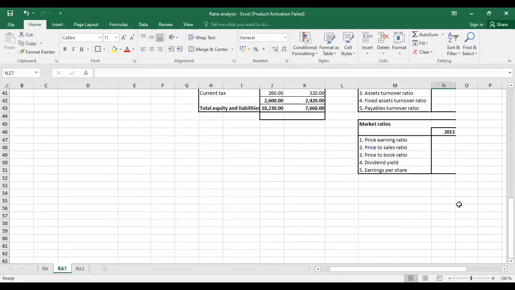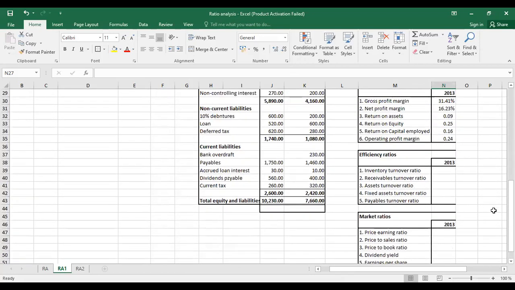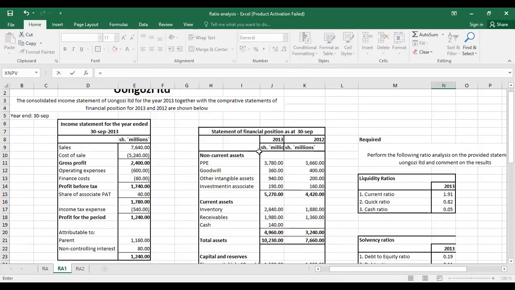I think you have received the file on common size financial statements as we continue. Inventory turnover equals the cost of goods sold. Because it's a negative, I start with a negative, divide by average inventory. I open my two brackets, the first inventory plus the second one, divide by 2, then I close the second bracket.